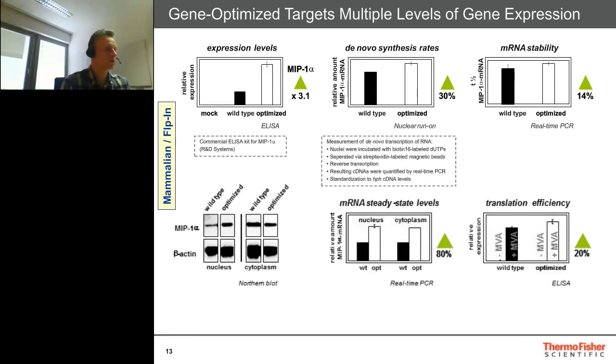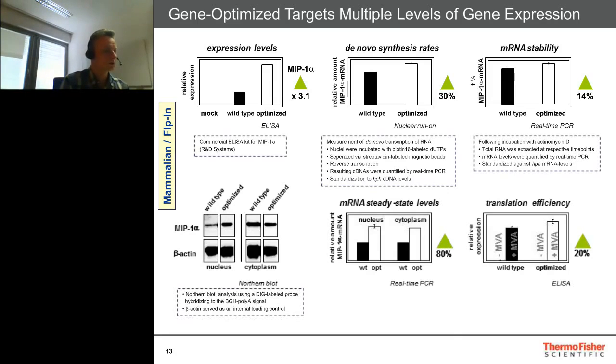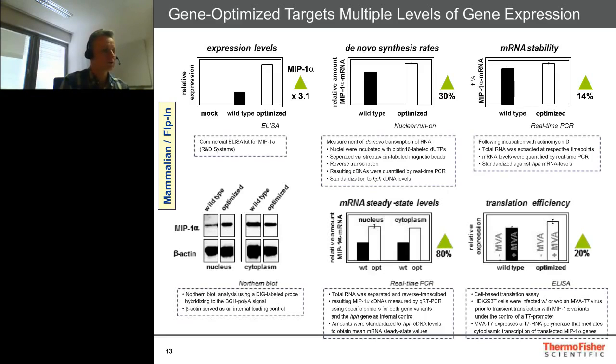So gene optimization works on several levels of gene expression. For example, this was put together from a 30% better de novo RNA synthesis rate, then 14% better mRNA stability, 20% better translation efficiency, and in addition we saw 80% higher mRNA steady state levels in the nucleus as well as in the cytoplasm.